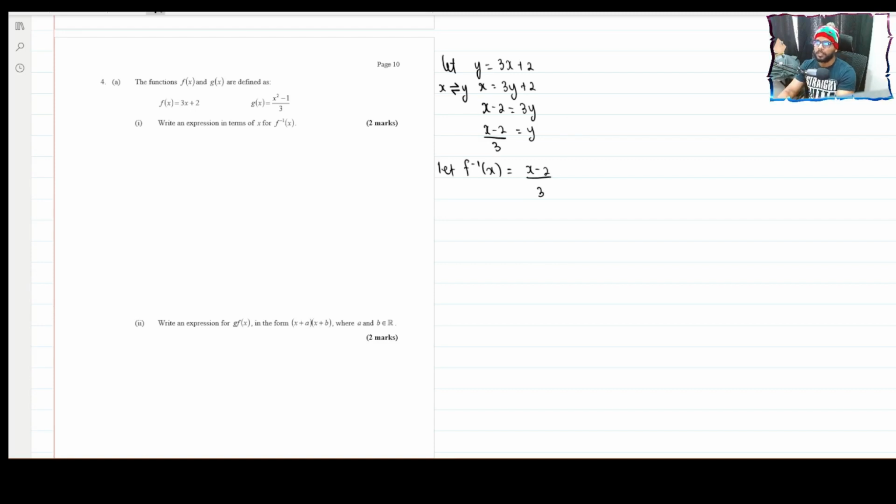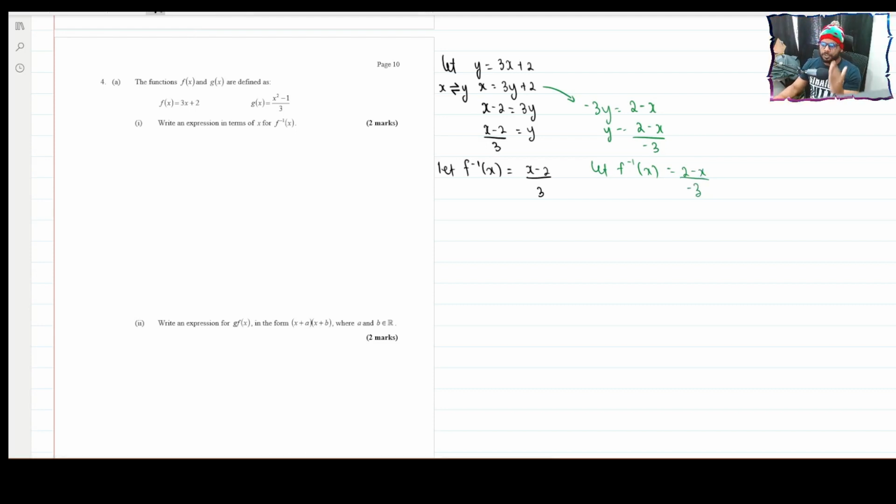Now there's another way this question could have been done, by moving the 3y and moving the x from this line here. So I'll get minus 3y is equal to 2 take away x, and y is 2 take away x over minus 3. Both solutions are accurate. 2 take away x over negative 3.